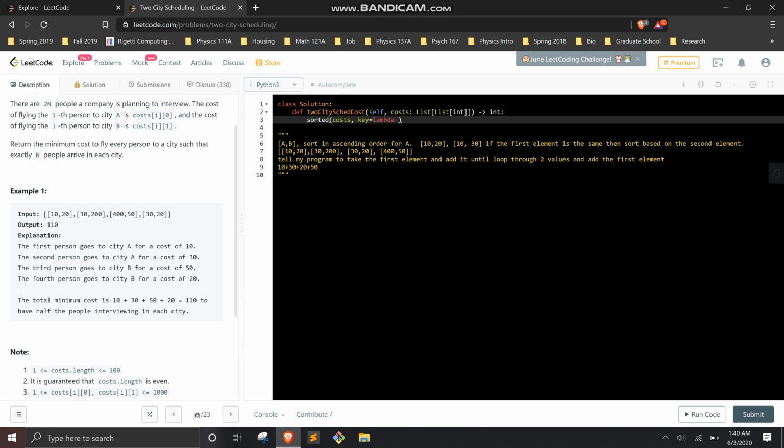And use lambda x or p for pair, and what I want to sort is p0. I want to sort based off of p0 and then sort based off of p1.